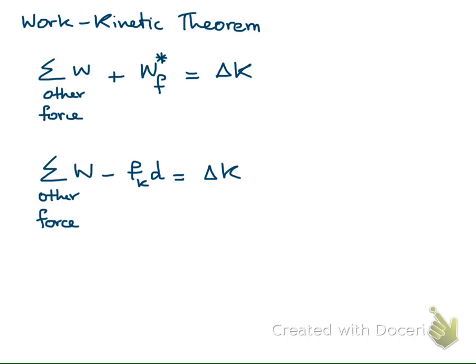This equation tells us that if you do work to the system, in this case the book, you have to pay something to the friction, and the effect of the work is reduced. I mean, the effect of the work done by the other forces is reduced because of the friction. And once you pay for the friction, the rest of your effort goes to the kinetic energy.